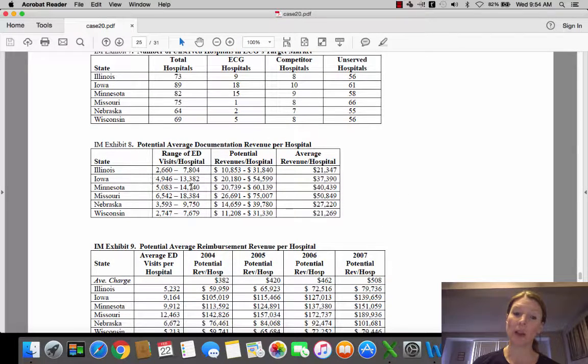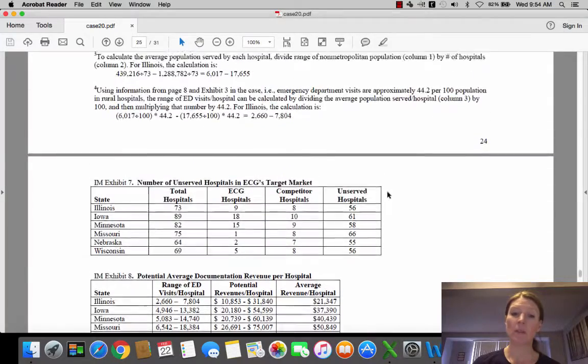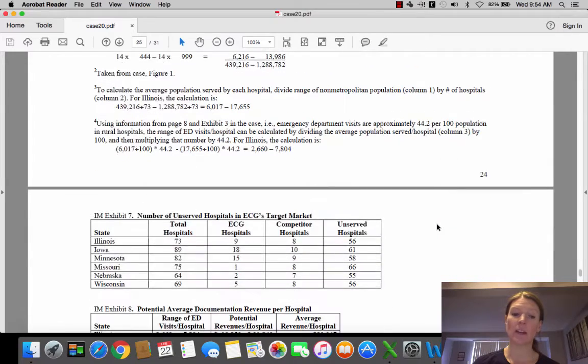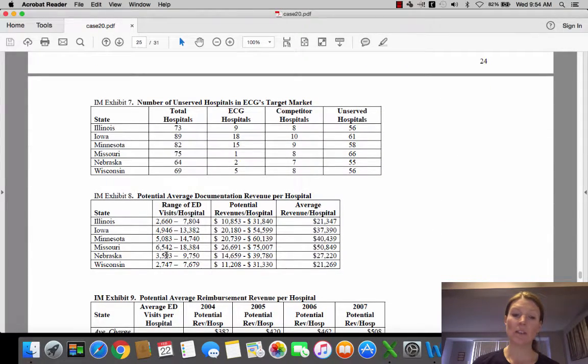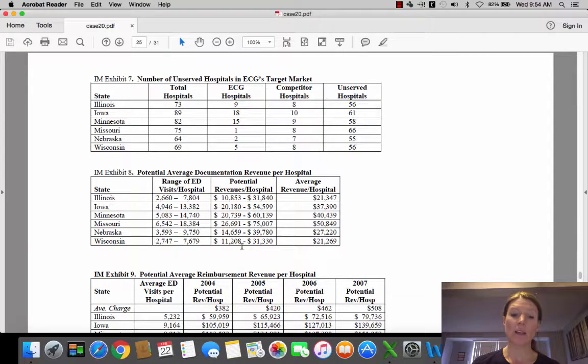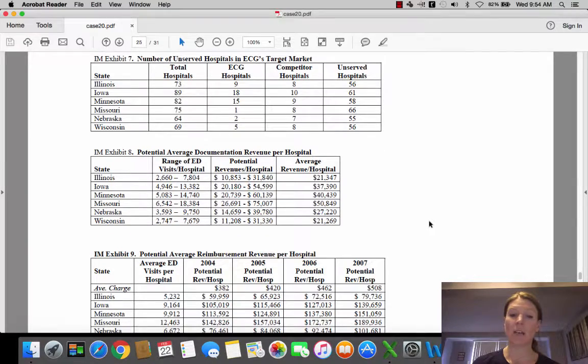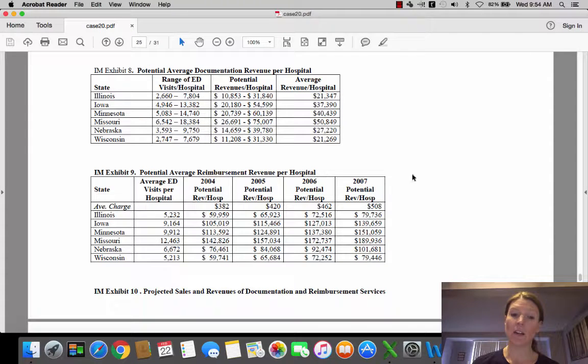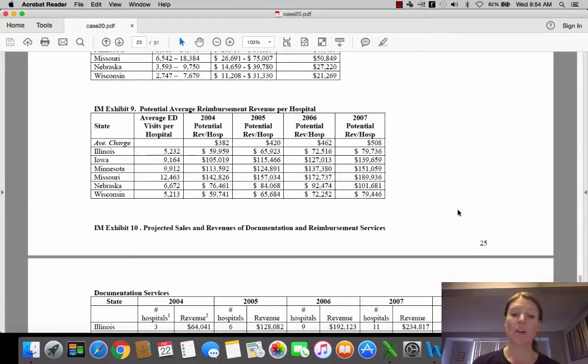So we have that range of ED visits that we've calculated up here based on our calculations that we created. And then our potential revenue based on those figures that were provided in the case study. So we have our potential revenues and then also an average based on that range of revenues. So just calculating out a potential average reimbursement revenue per hospital as well.